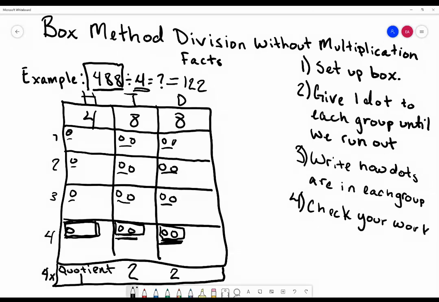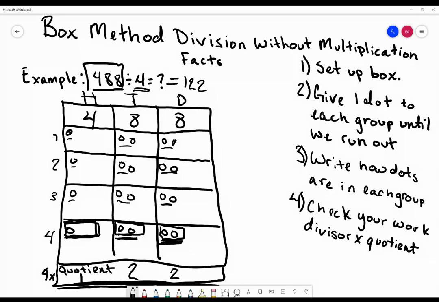And in order to check your work to make sure that you got the correct answer, you are going to multiply your divisor, which in this case is 4, and you'll multiply that by your quotient, which is the answer that you found and wrote down here at the bottom of our box.